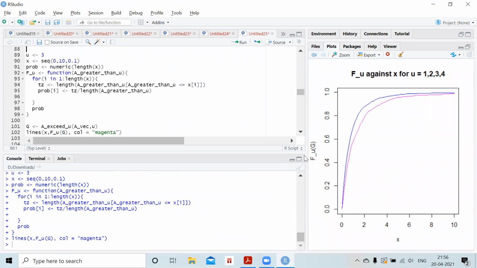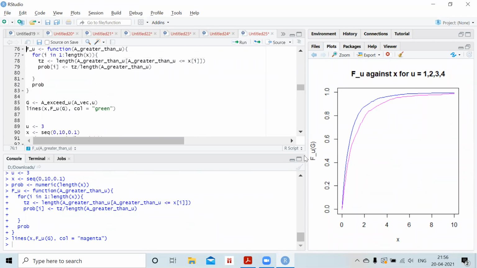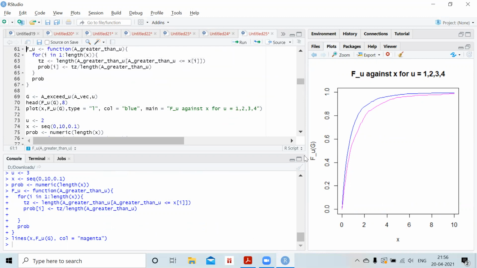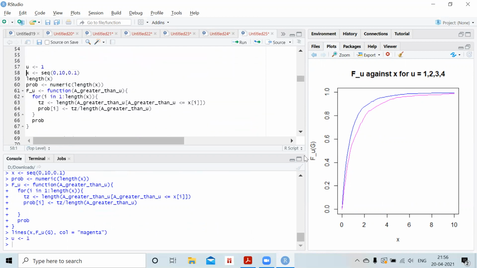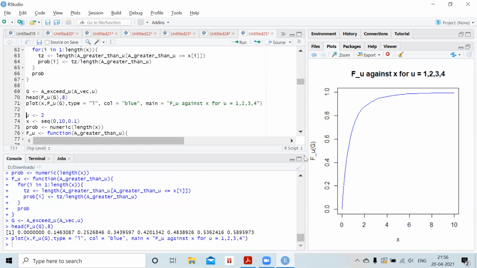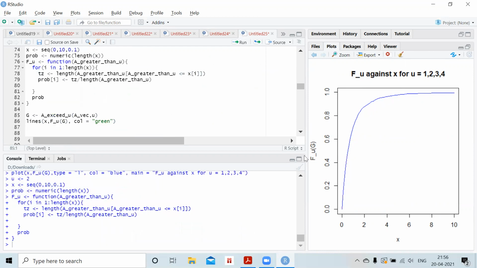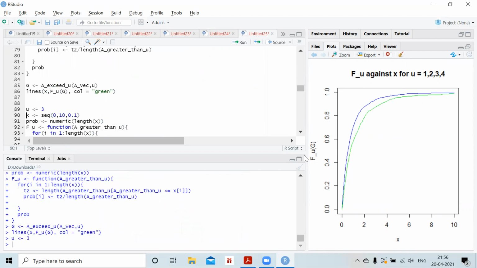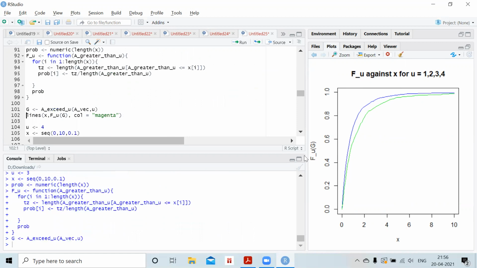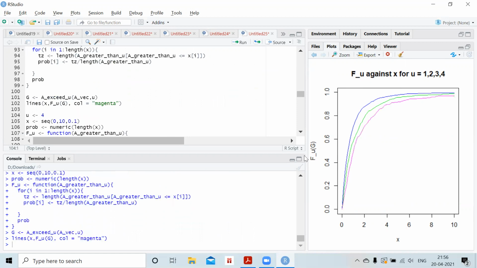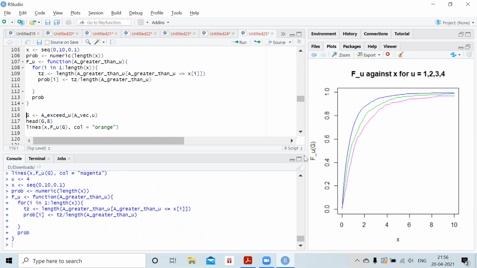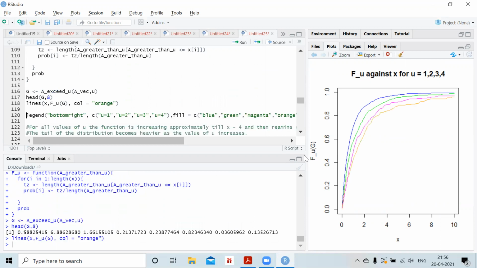This is u equals 1, u equals 2, u equals 3. Then you run the same lines for u equals 4 as well.